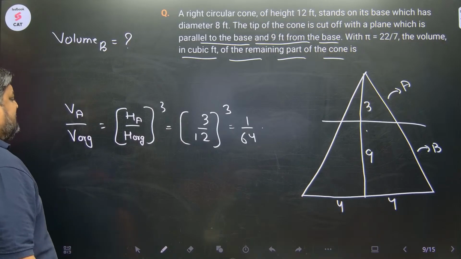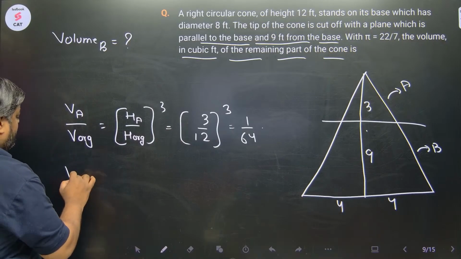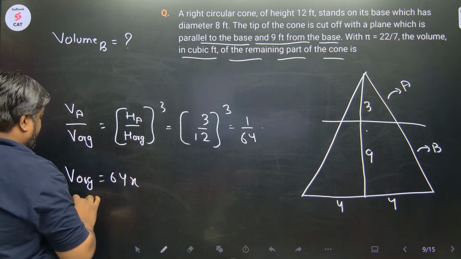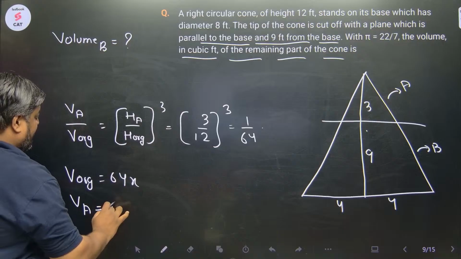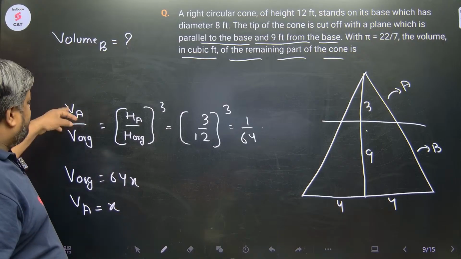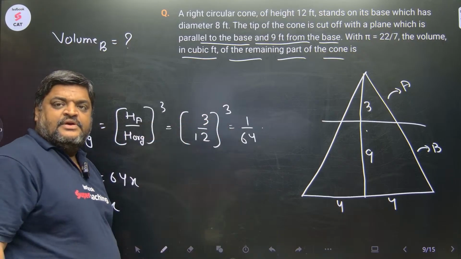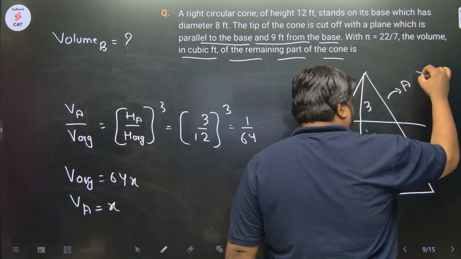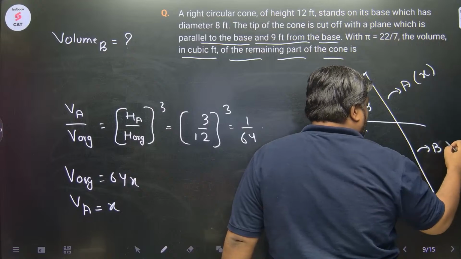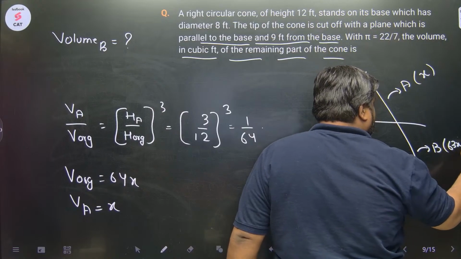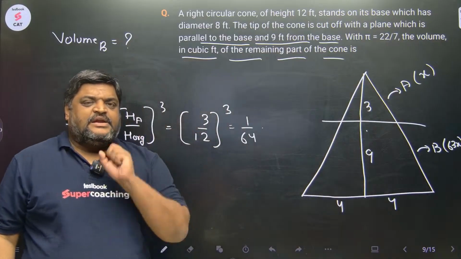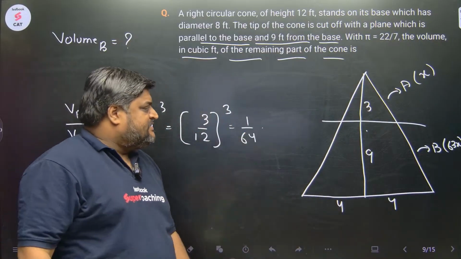So if I say the total original volume is 64x, then what will the volume of A be, beta? x. Yes or no? Because they are in the ratio 1:64. If the total is 64x, then this will be x and volume of B would be 63x, and you have to find the value of 63x. Ultimately, we have to find the value of 63x.